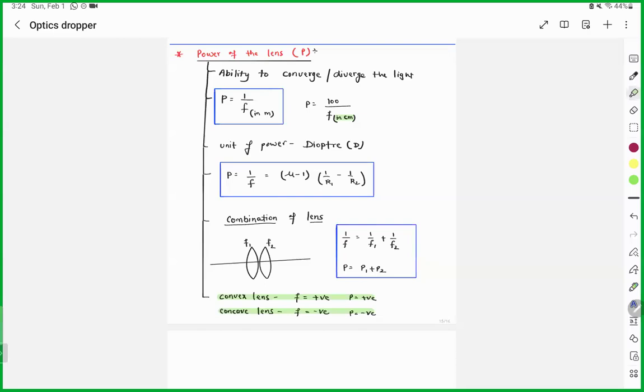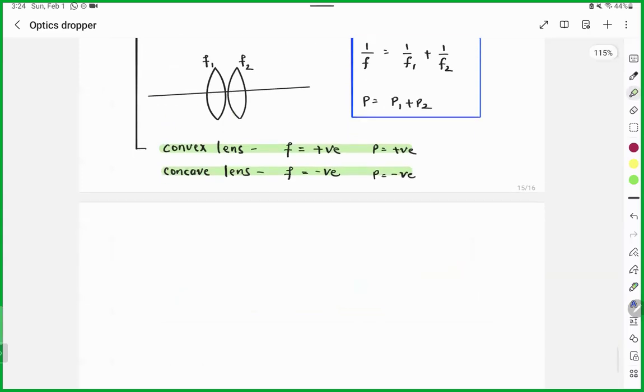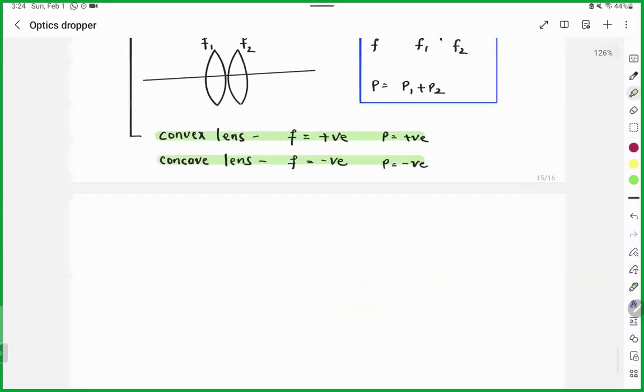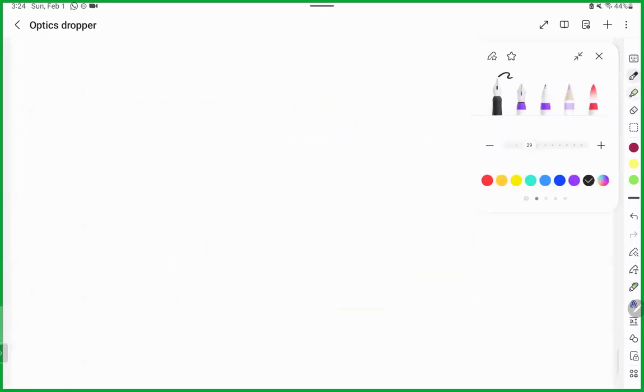Sir, until when is this class? It's an unlimited class, until the NEET selection happens. Okay, sir. Makes so much sense. I'm ready for it as long as we get selection.